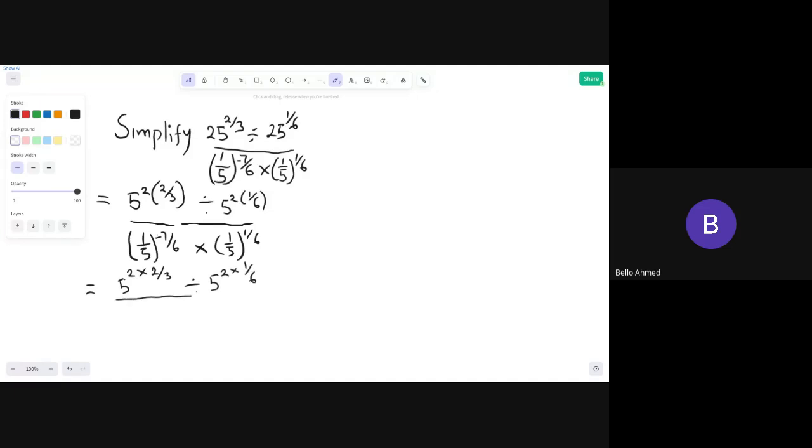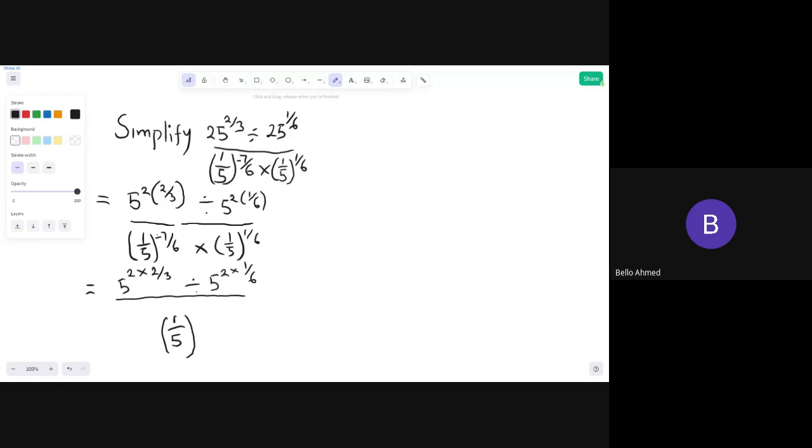Then everything divided by, well, look at the denominator now. I can apply the law of the same base, which is 1 over 5. So I'm going to write my base to be 1 over 5, everything raised to the power of what? The first power here is minus 7 over 6. So let me write that.